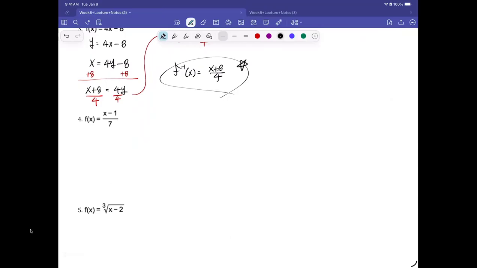Number 7, same thing. So now, x is equal to y minus 1 over 7. How do we solve for y? The first step is this: I'm going to multiply by 7 on the left side and on the right-hand side. 7 is out. So it is 7x equal to y minus 1.